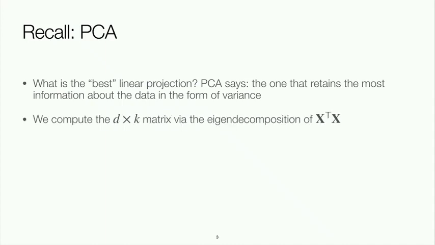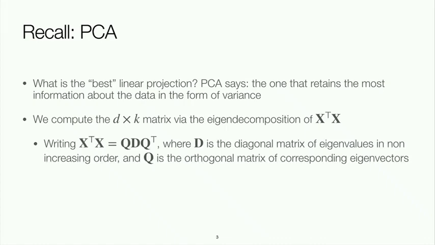so that we can still differentiate between all the different data points that we have as best we can. As it turns out, this d by k matrix that we want for PCA can be computed via an eigendecomposition of this X transpose X object. We worked out some of the details behind why this checks out mathematically, but as a general overview, we can write X transpose X in the form of Q D Q transpose, where D is diagonal and has eigenvalues along the diagonal in non-increasing order, so they keep getting smaller as we go down, and Q is an orthogonal matrix with eigenvectors in the columns.